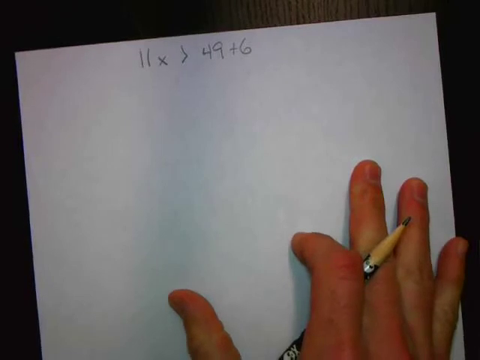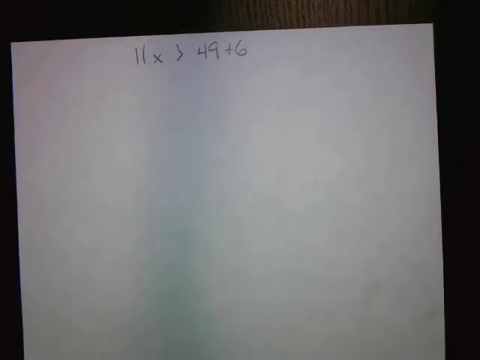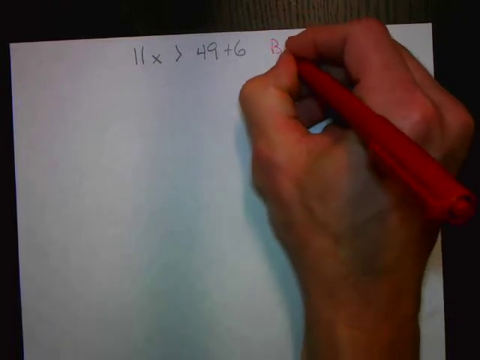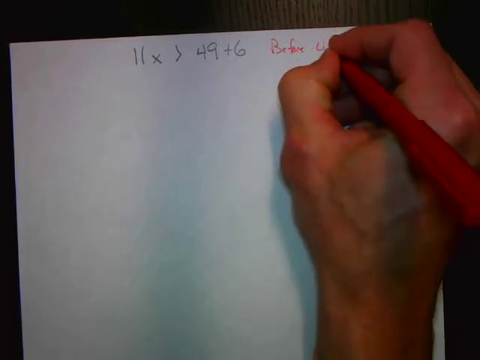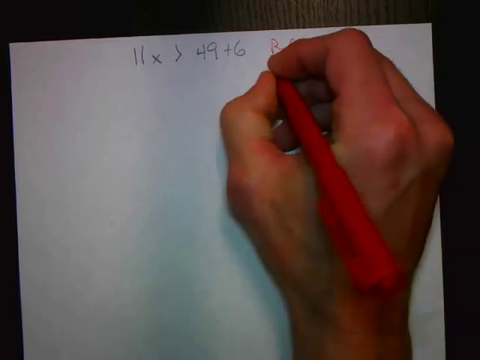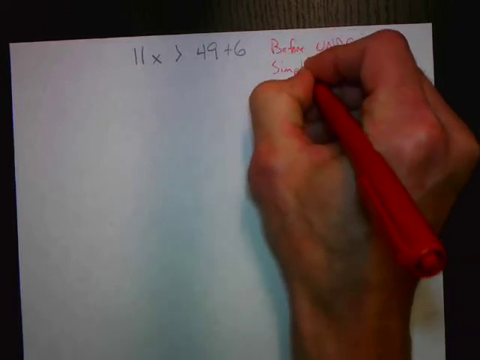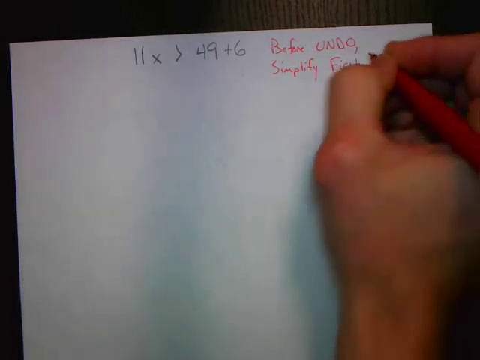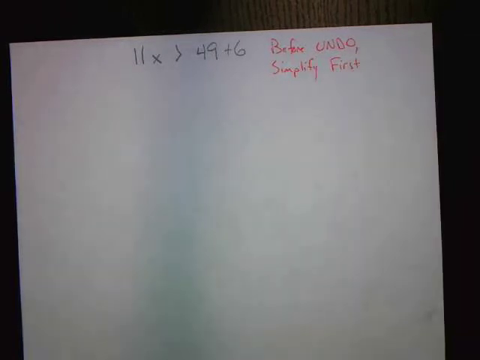So with this inequality, again, we're still undoing stuff, but undoing what? So here comes a rule that's going to come in later notes. Before we undo things, what we should do is simplify first.